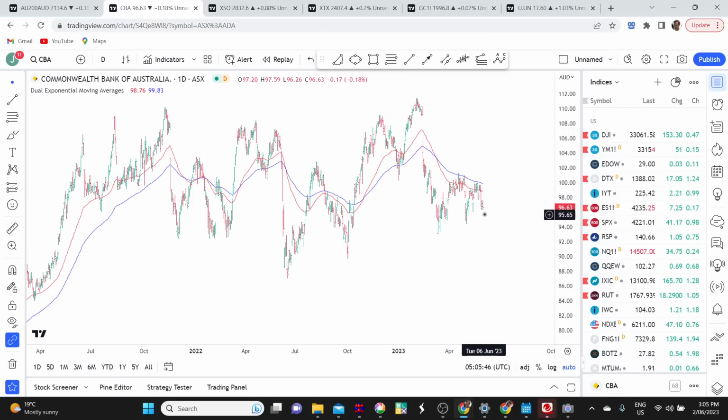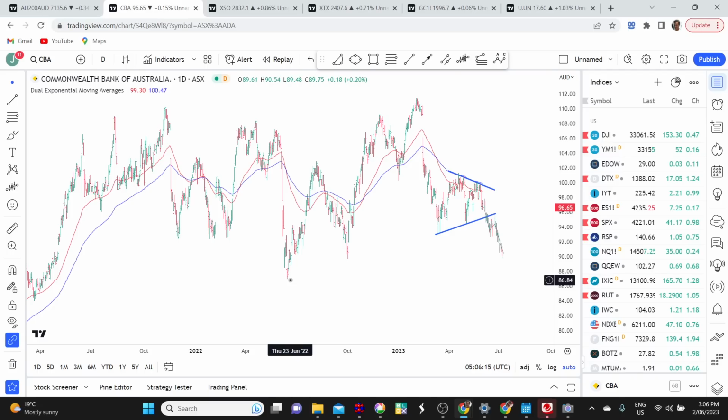So I'd be watching this bottom of the range the market's in. You can draw in a triangle-type trading range. I'd be watching the lower end here, and if CBA breaks to the downside, it does open the possibility of the stock coming back towards this low back in June.